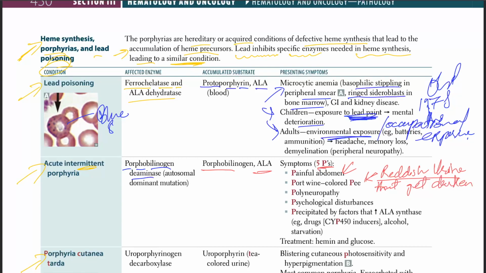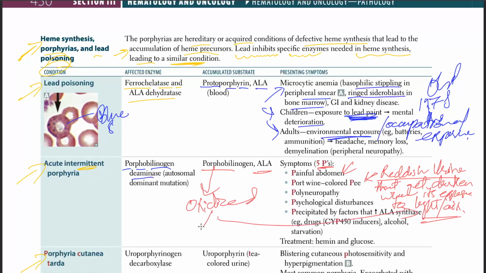So what's really happening there? Basically you have oxidation. This thing is getting oxidized when it is exposed to light or air, leading to more darkening of the urine.